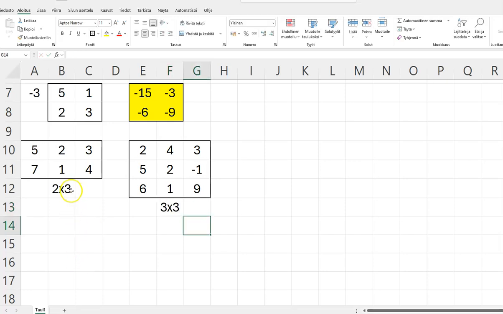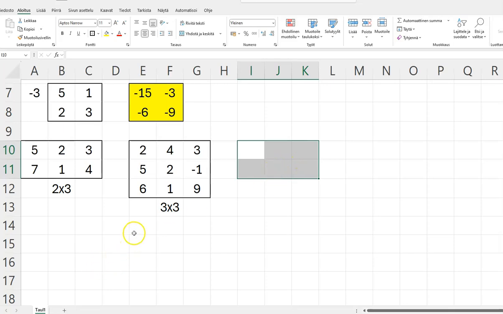So the middle numbers here, 3 and 3, are the same, so we can calculate that matrix multiplication, and the dimension of the result will be 2 times 3. So the first number and the last number. So we need to get the space of 2 rows and 3 columns here. So I will paint that kind of space here. 2 rows and 3 columns.